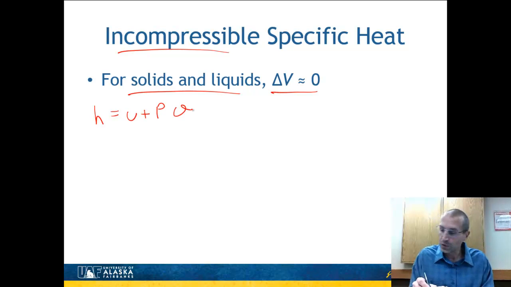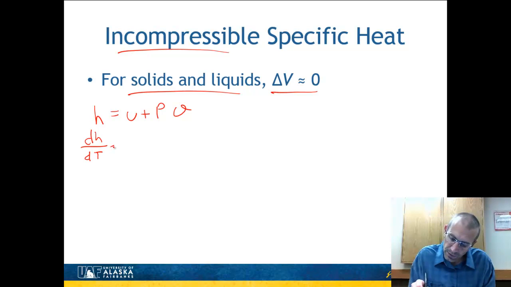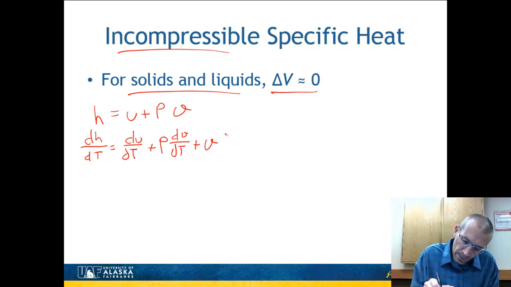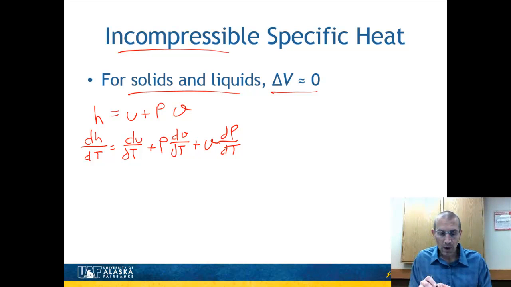And so if I take the temperature differential of this, dH/dT is equal to dU/dT plus, now I've got d/dT of PV, so P dV/dT plus V dP/dT.